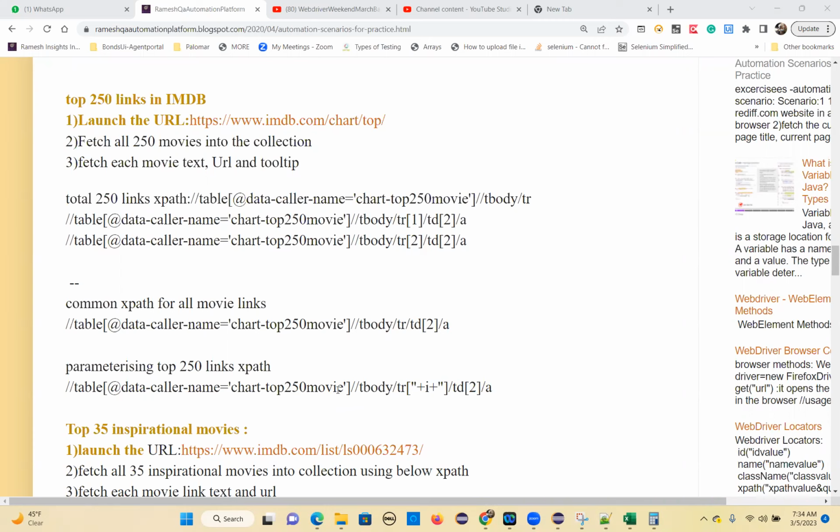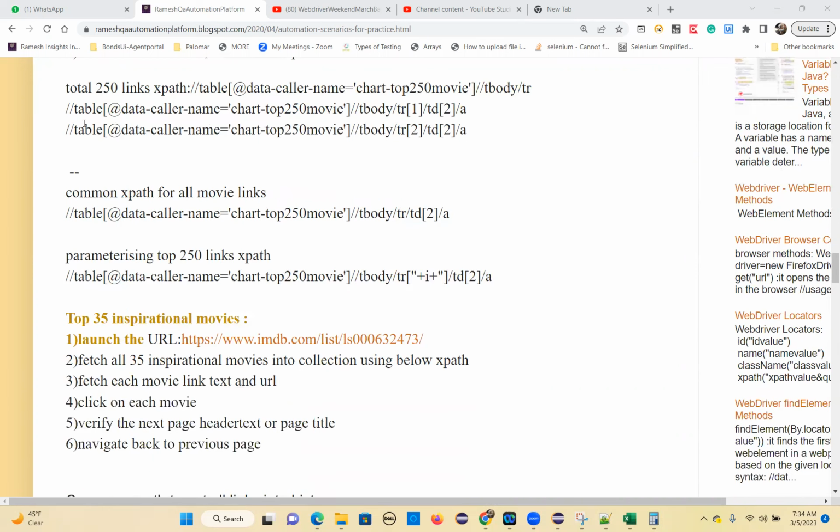Application behavior is the actual result. Anybody having doubt on expected result and actual result? No, sir. Are we good? What you need to write as the actual result, what you need to write as the expected result. Okay, thank you. Only two people are there in the class. Good.